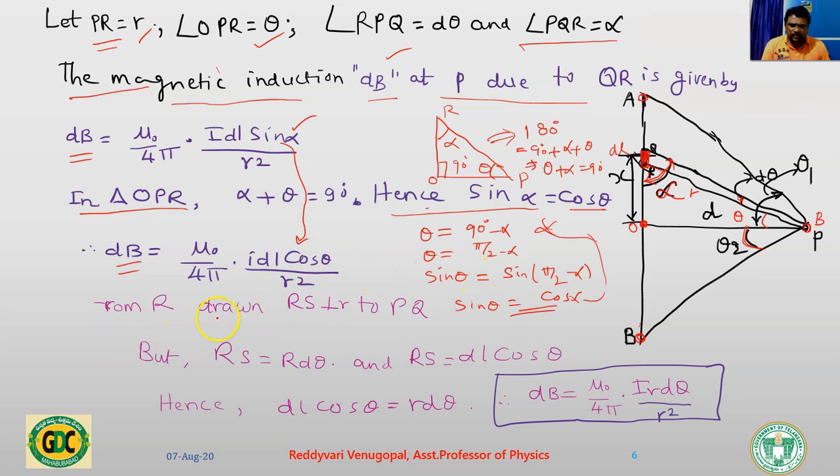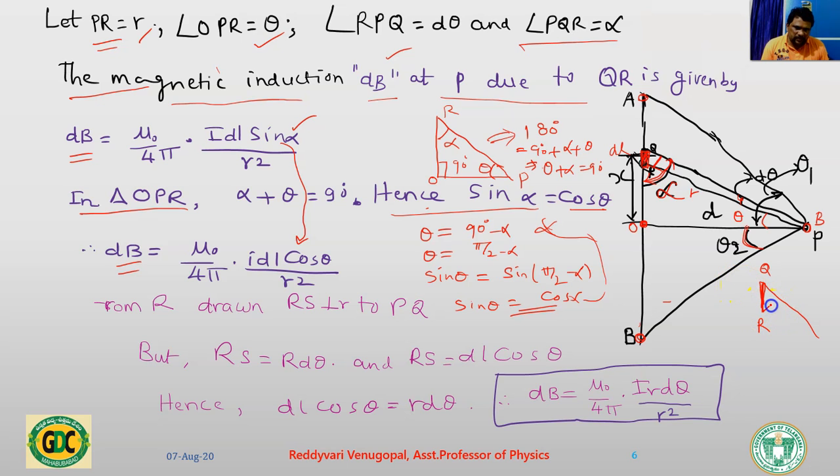Now from R we draw a perpendicular to this line, the small element QR.